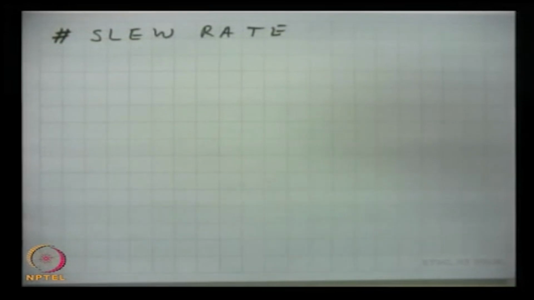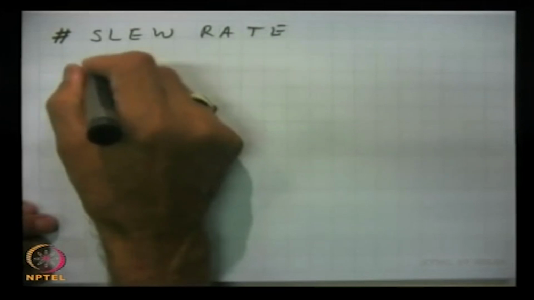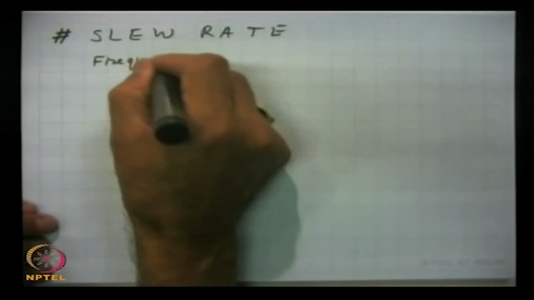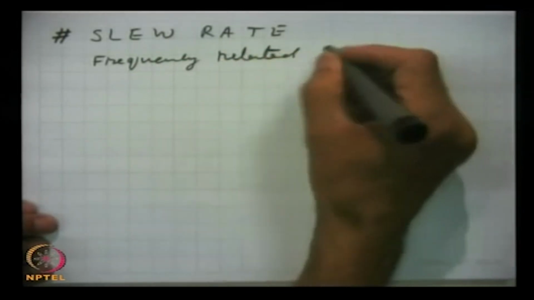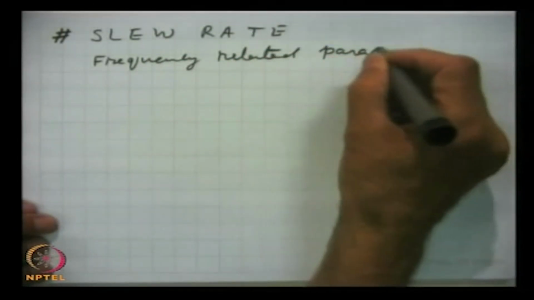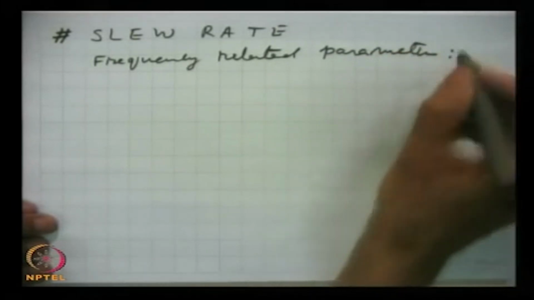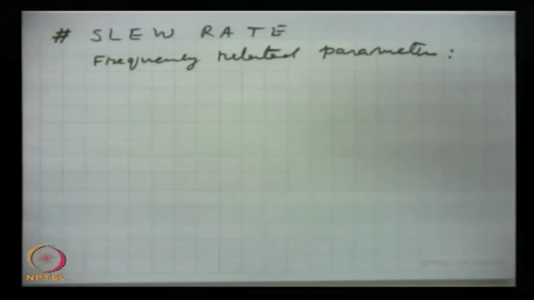Slew rate. Slew rate is a frequency related parameter. When inputs change, the outputs never change instantaneously.